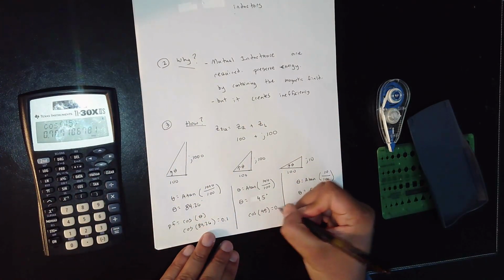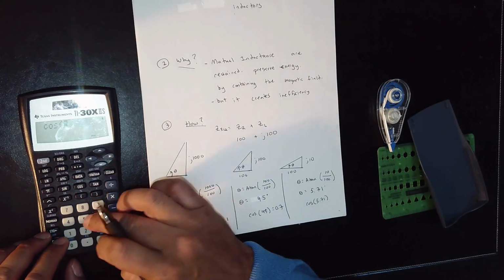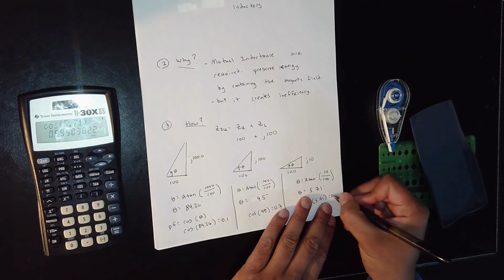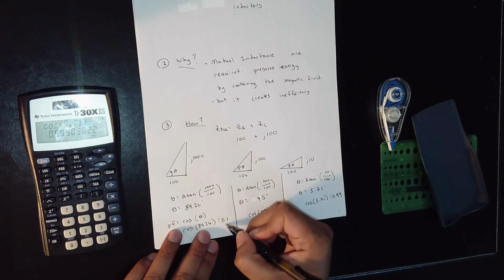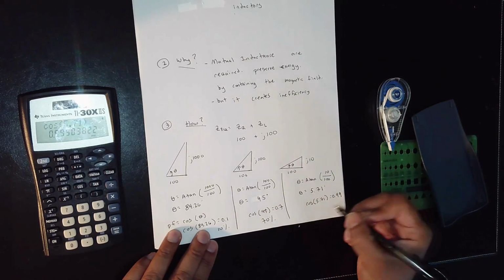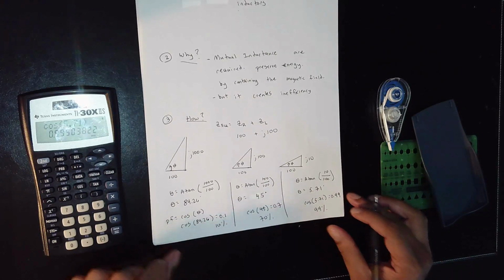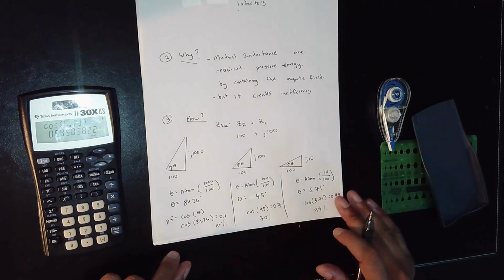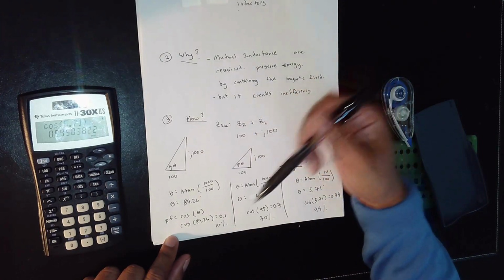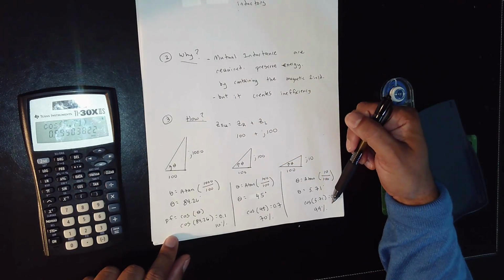And the cosine of 5.71 is 0.99. So this is 0.1, that's 10% efficient, 70% efficient, and 99% efficient. This is the understanding: as we increase the inductors, it makes the circuit less efficient. As you decrease the inductor, you make it more efficient.